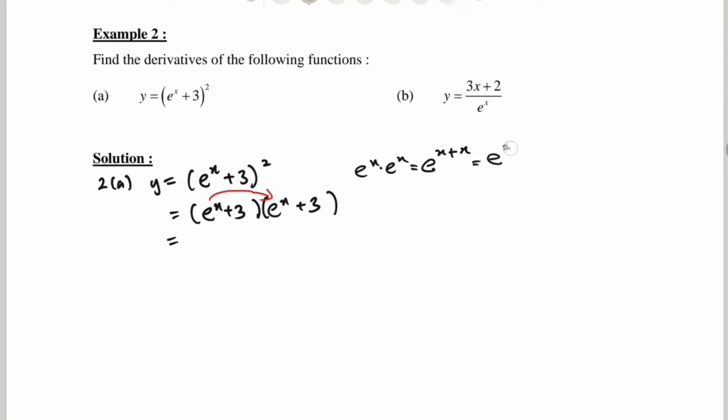So x plus x is 2x. After that, e to the power of x times 3, plus 3 times e to the power of x. And lastly, 3 times 3.